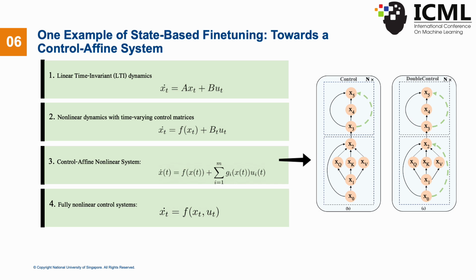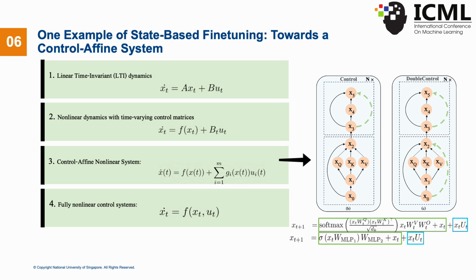You can see from the formulation that the control is independent of the original system. What we want to do in this paper is similar. We want to build an edge that is independent of the original block. So what we propose is to build a shortcut from x3 to x5, or we can build a module on the attention block.